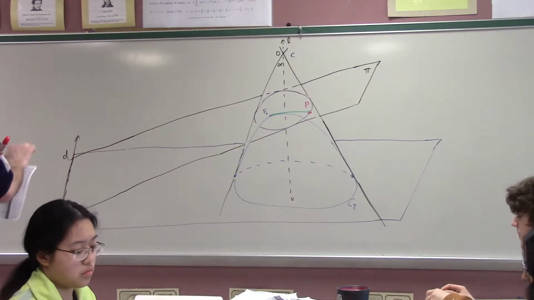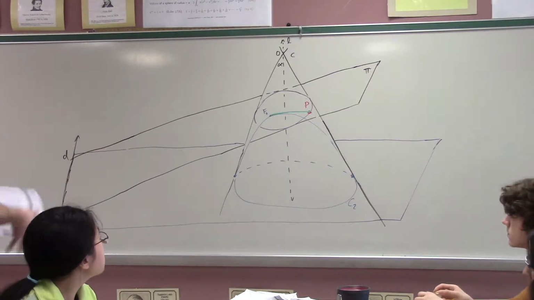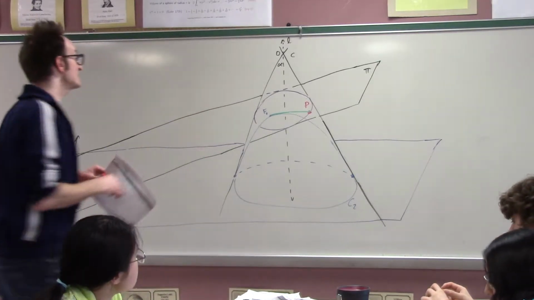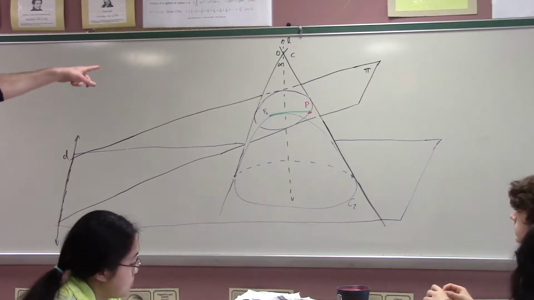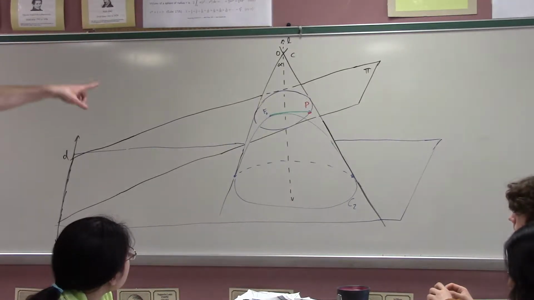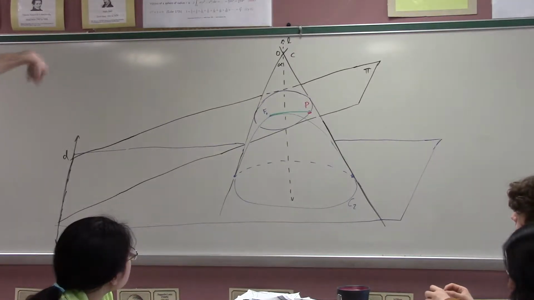Okay, and then I can also construct the distance to the directrix. Well, the shortest path between point P and the directrix is a straight line, right? Yeah. But that line is in plane pi, and so is the point P being on the ellipse in plane pi. So the shortest distance from P to the directrix is along plane pi, right? Yeah.